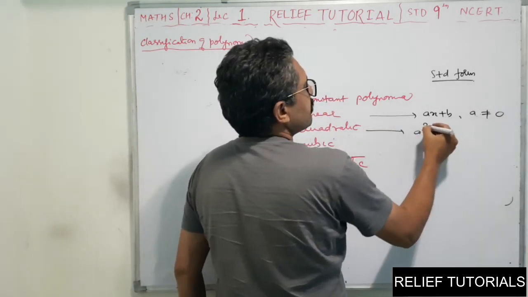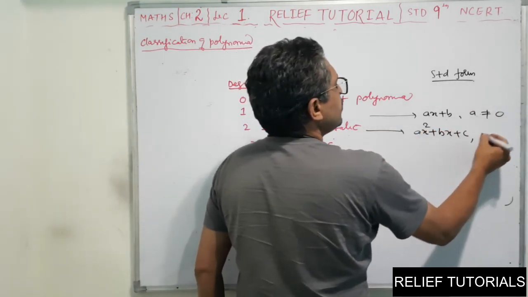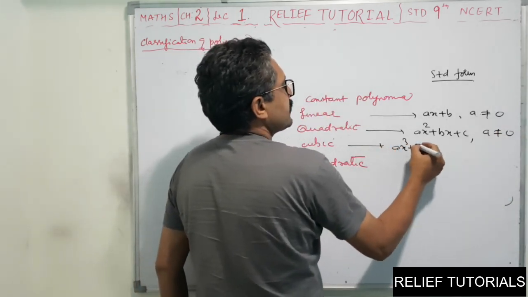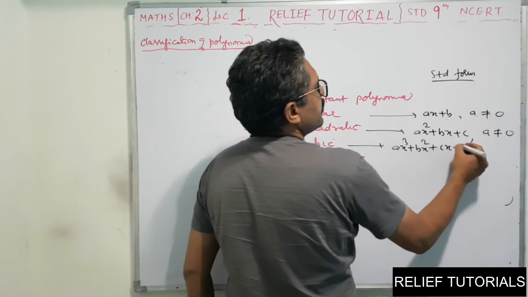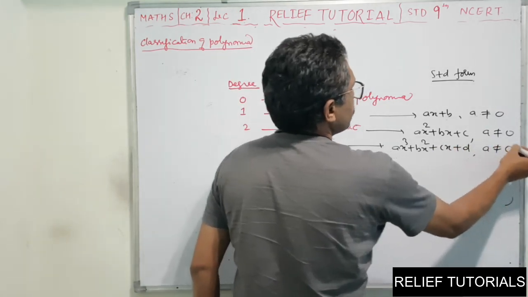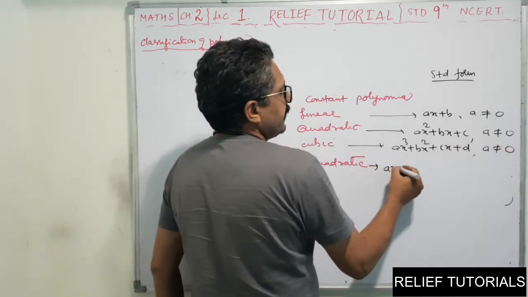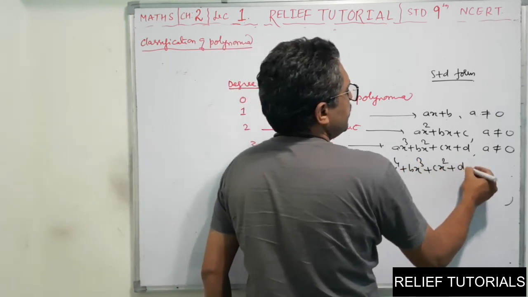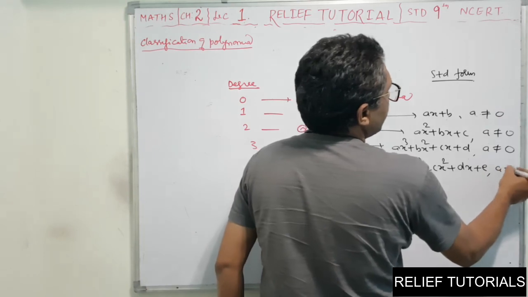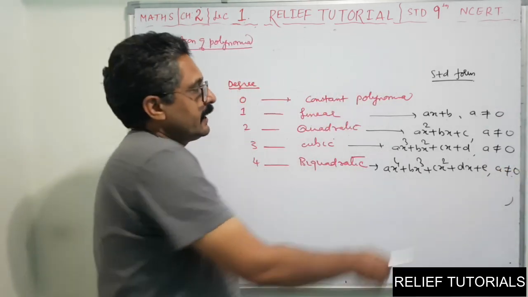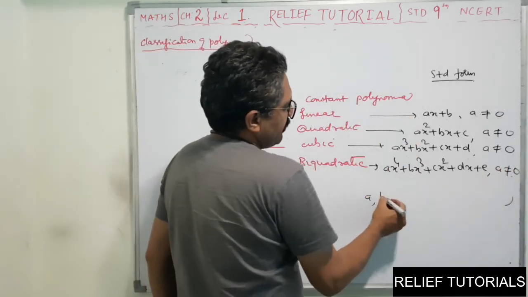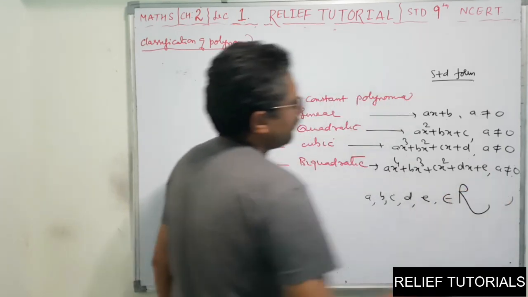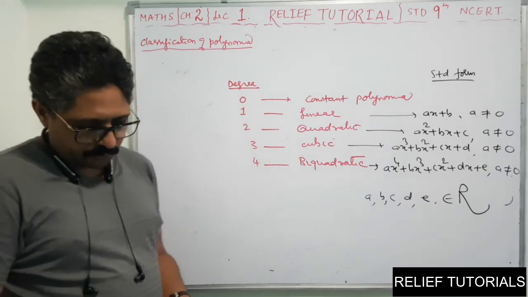Quadratic is ax squared plus bx plus c, where a is not equal to 0. Cubic is ax cubed plus bx squared plus cx plus d, again a is not equal to 0. Biquadratic is ax raised to 4 plus bx cubed plus cx squared plus dx plus e, with a not equal to 0. And in all these cases, a, b, c, d, e belong to real numbers. So this is the moral of the story.